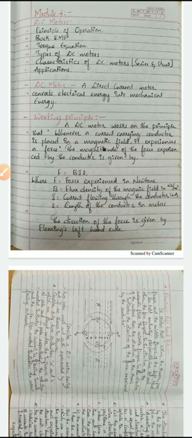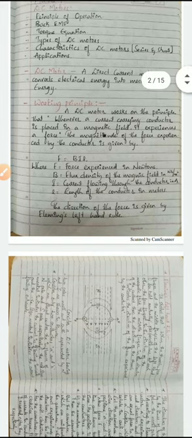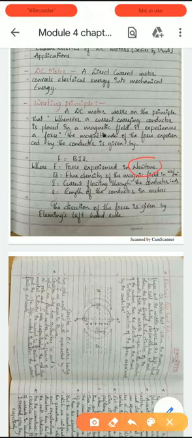Here F is the force experienced by that conductor. Now, we are going to place a current carrying conductor in a magnetic field, so according to the working principle it needs to experience some force, that is your F, force experienced, and force is always measured in newtons.